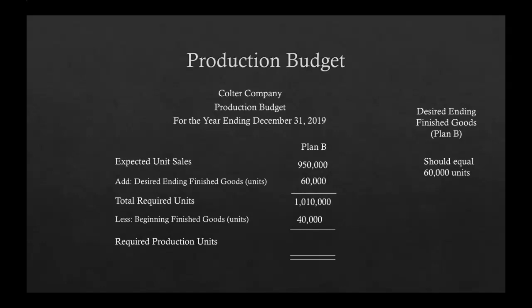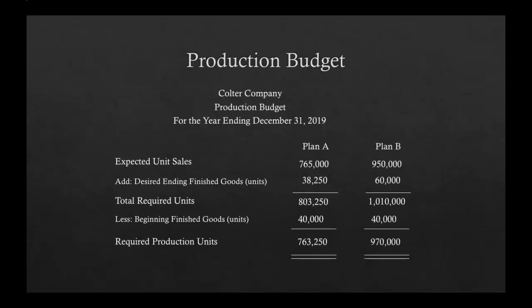When we subtract out our beginning finished goods, we end up with required production of 970,000 units. So under plan B, the second alternative, we would have to produce 970,000 units. Your production budget altogether would look like this.